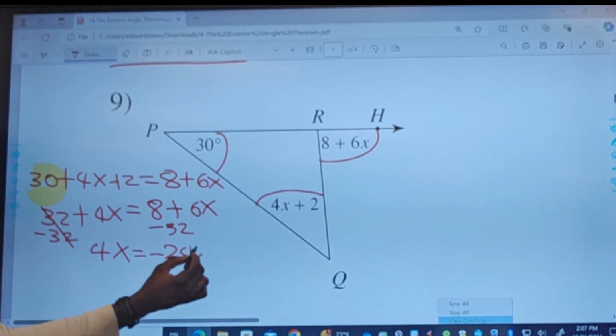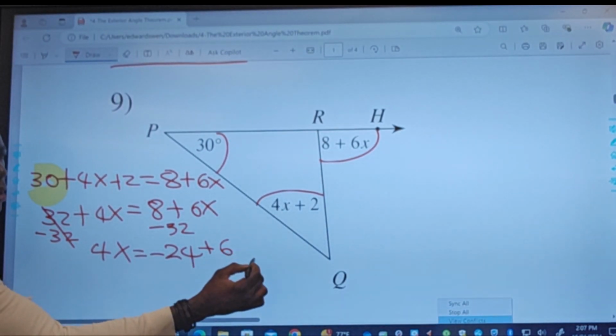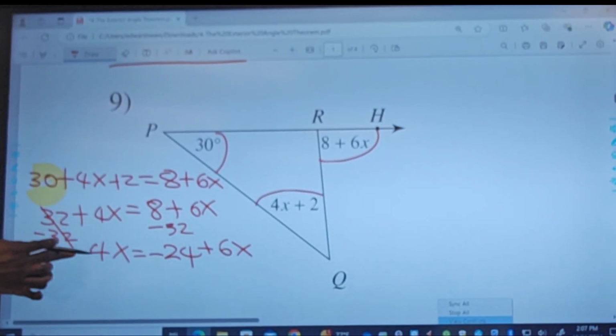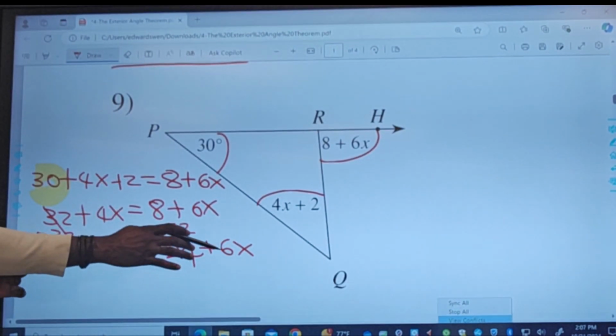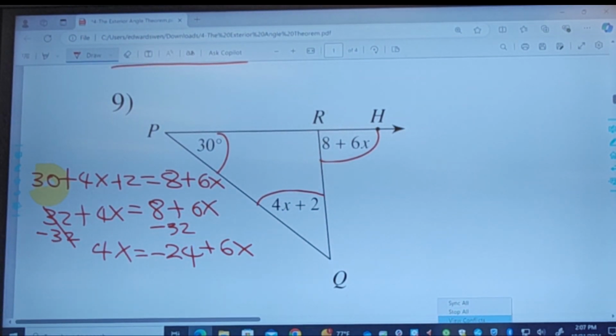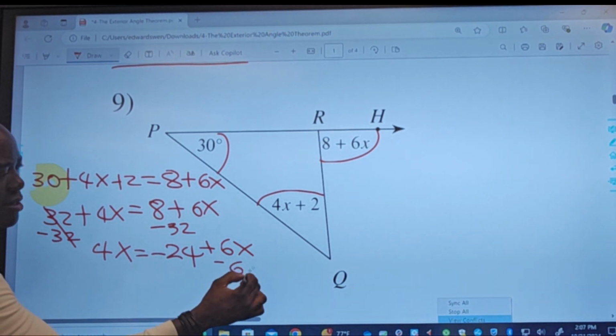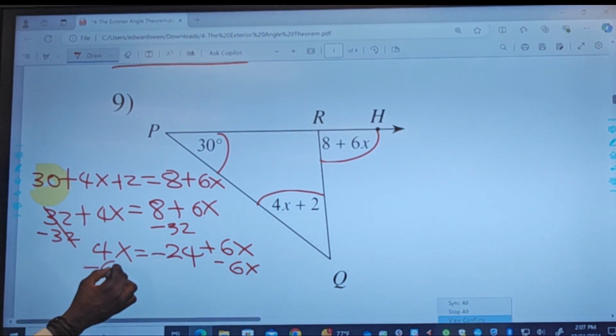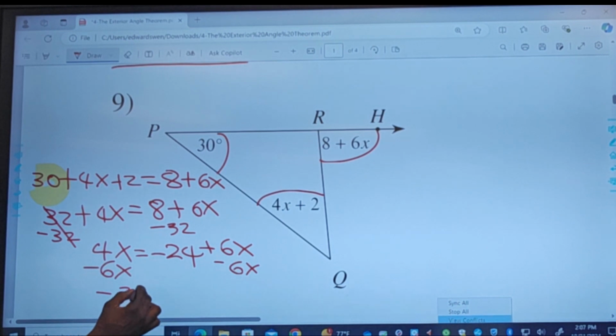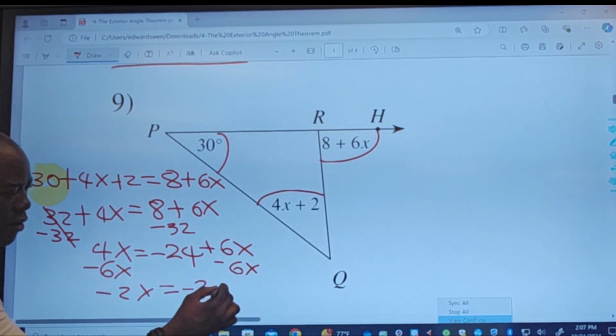So negative 24 plus 6x. We're almost there. Remember that x is now isolated here, except that there's a 6x. What do we do with this one? We subtract 6x. So now we are left with negative 2x, which is equal to negative 24.